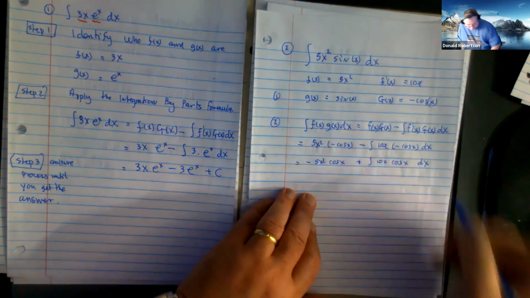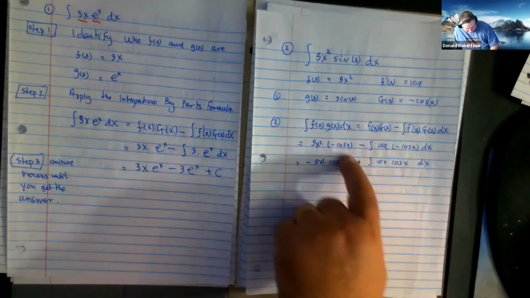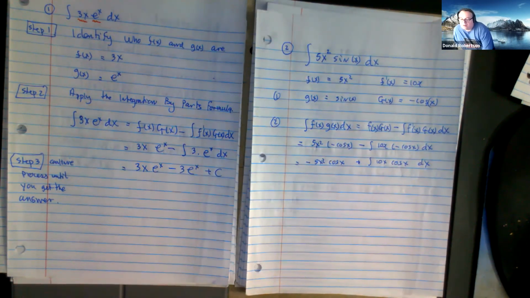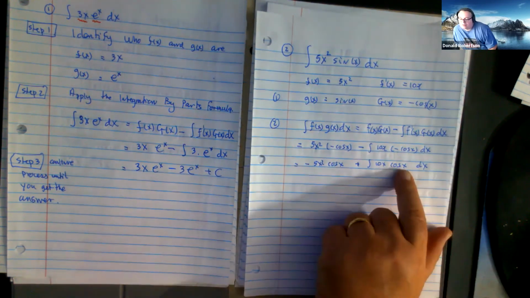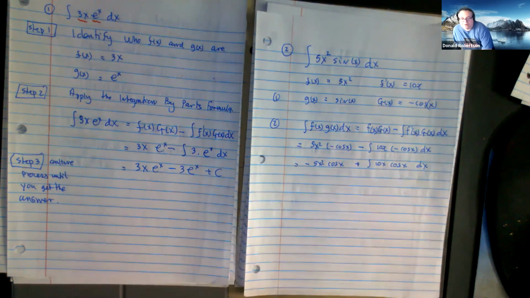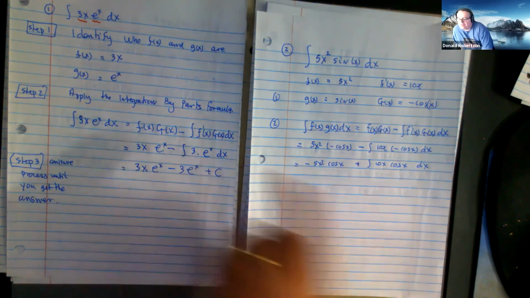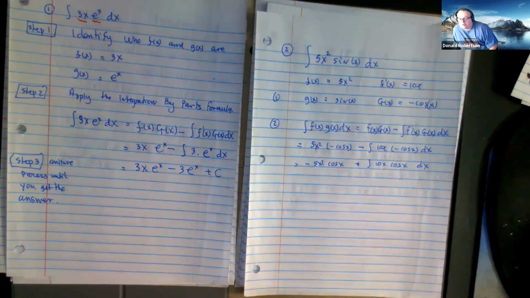Are you comfortable with me just taking care of the two negatives and making a plus and rearranging that? Oh, do you see that the integral that's left over isn't one that we can just get the answer to? What do you think we're going to do here?